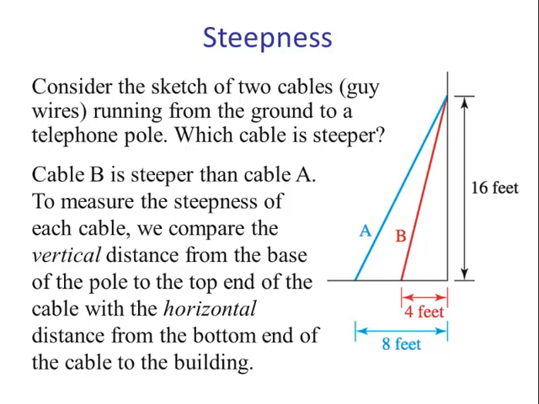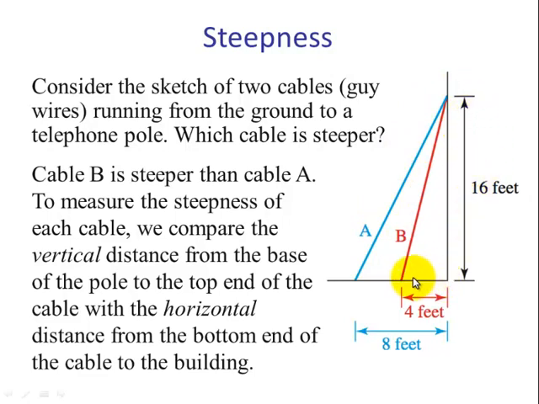To measure the steepness of each cable, we compare the vertical distance from the base of the pole to the top end of the cable with the horizontal distance from the bottom end of the cable to the building. For A and B, they're both spanning a height of 16 feet.